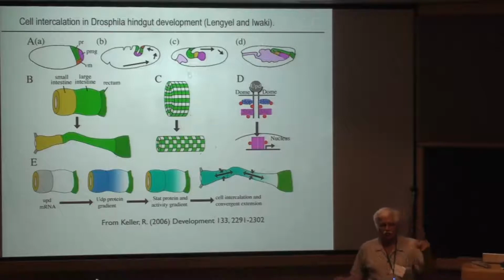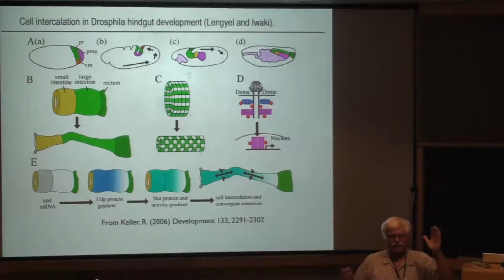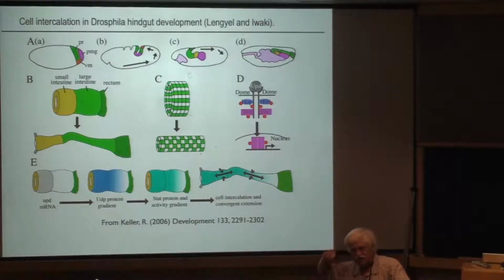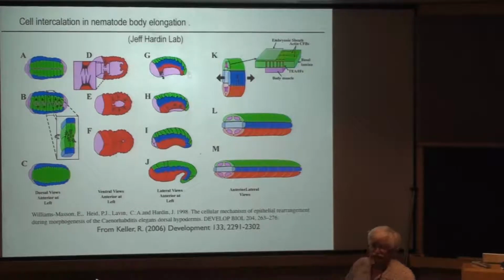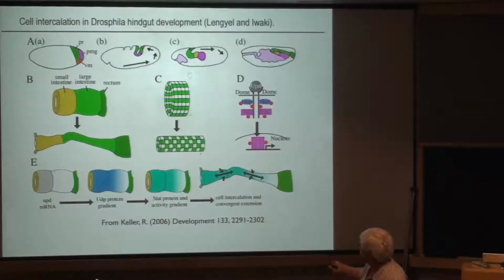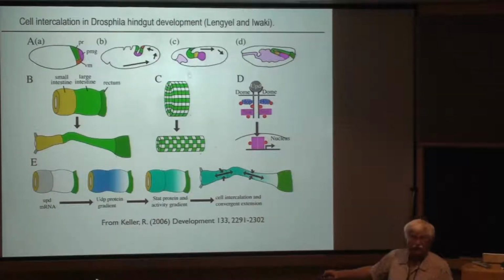Signaling-wise, there's only one thing that seems to be absolutely conserved. The signal always goes transverse to the axis of intercalation, and the pathway can be different. In this case, in hindgut, it's unpaired and STAT signaling.